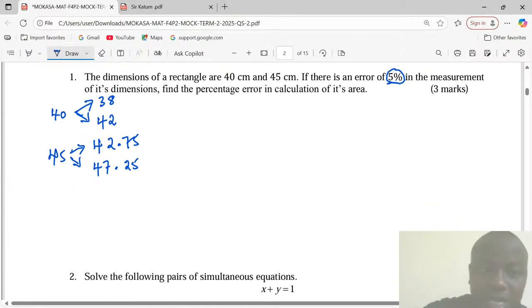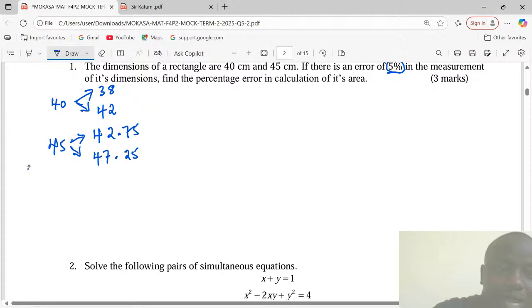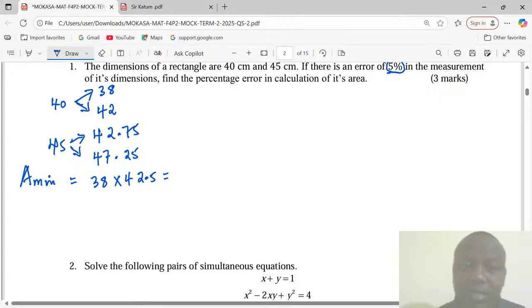So area minimum shall be given by the lower limits, 38 multiplied by 42.75.